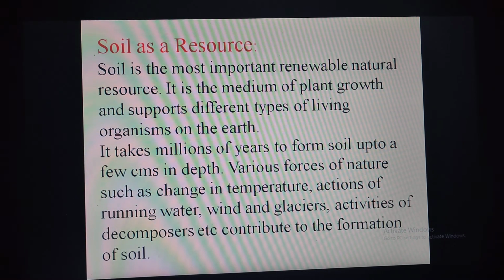All these factors play an important role. It is a very lengthy process. It takes millions of years to form just a centimeter layer of soil in depth. Let us move forward.